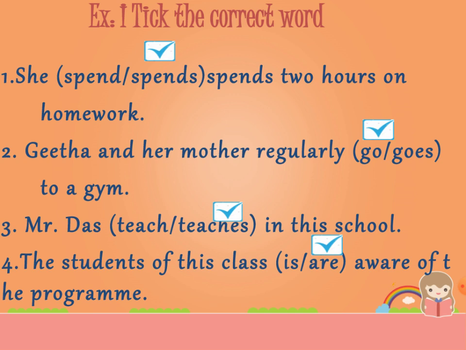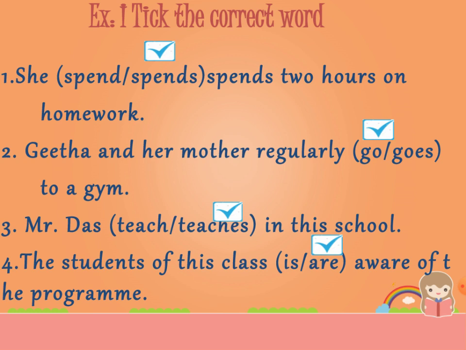So dear children, these are the basic rules that you have to always remember whenever you are writing a paragraph or making a sentence. Always remember the subject and verb agreement. Okay, so follow these basic rules. Always keep these rules in your mind. Your grammar will never go wrong.